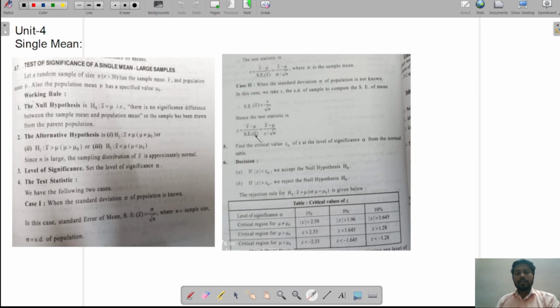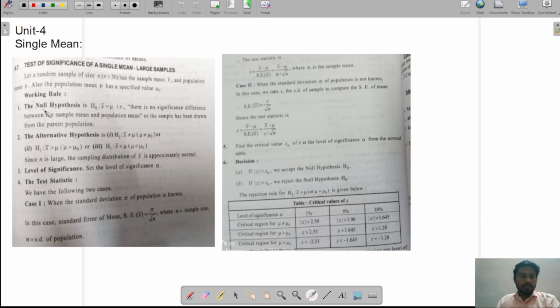After getting the solution of this test statistic, we give a conclusion whether your null hypothesis is correct or wrong. So how do we give the decision? Let's see here. If modulus of z is less than z alpha, then we accept the null hypothesis H naught.